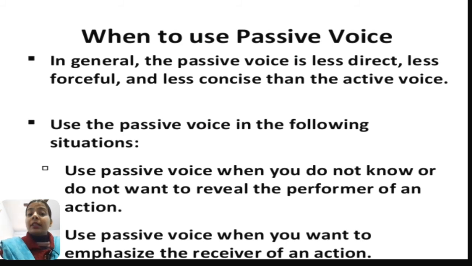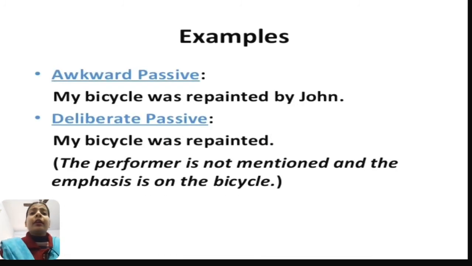Passive voice is also used when you want to emphasize the receiver of the action rather than the doer of the action. So in that case also we use passive voice. Let's take an example. Awkward passive: My bicycle was repainted by John.